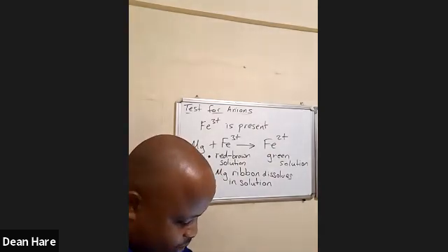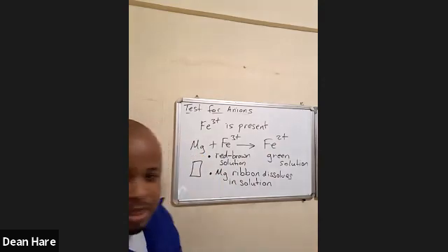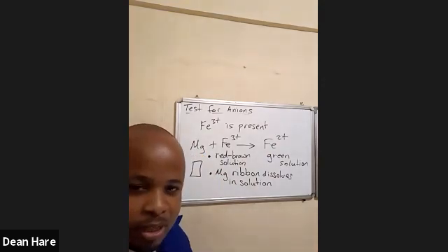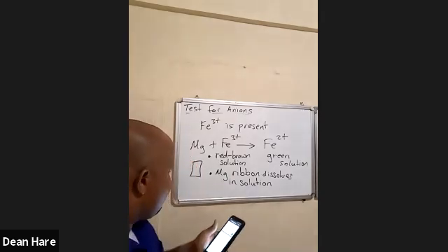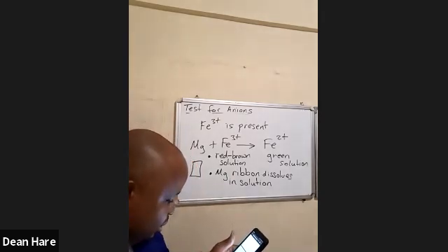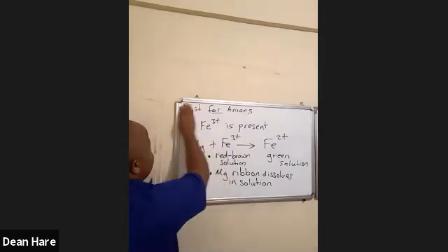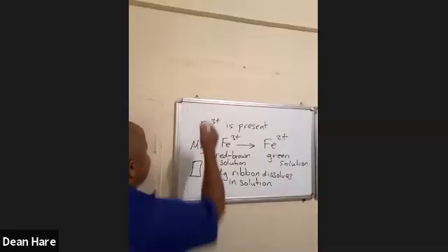And they asked for a balanced equation. So since we did this at the start of the class, who can tell me the balanced equation for that reaction? So the iron 2+ and the hydroxide ion.